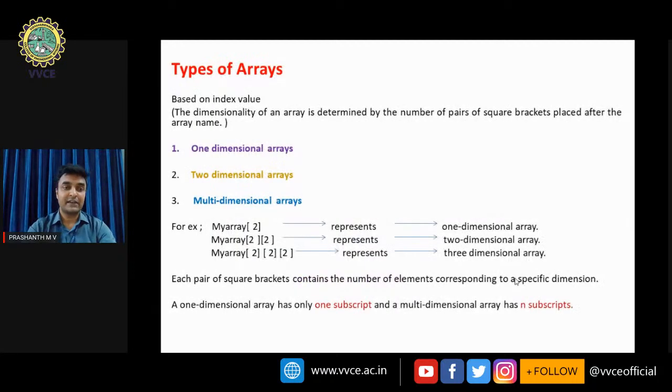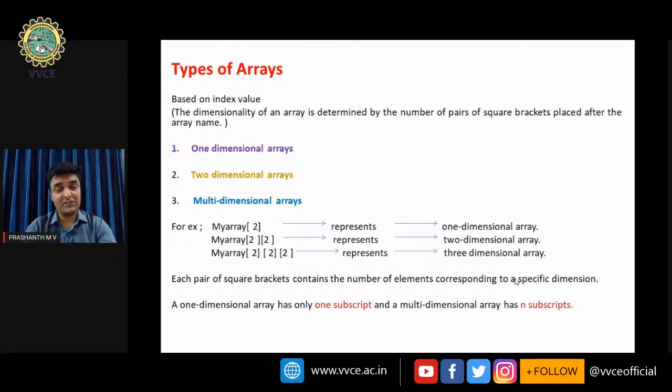Fine. So next, let's go for the types of the array. As I told already, there are 2 types actually. Mainly we classify the array into 2: one-dimensional array, and another one is multi-dimensional array. But in some textbooks they say one-dimensional, two-dimensional, and multi-dimensional.